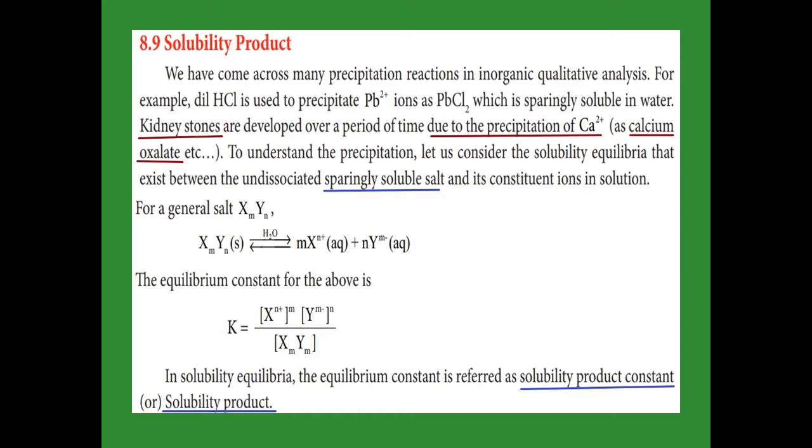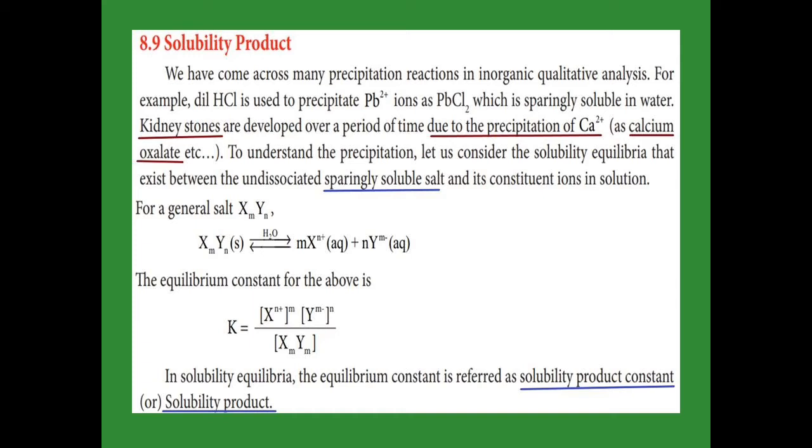And this solubility equilibrium exists for sparingly soluble salts. What is a sparingly soluble salt? Half of the salt is dissolved in water and half of the salt never dissolves, so we again get the salt only. The general form of that salt is written as XmYn. Half of the salt is soluble and gives ions, and half of the salt exists as salt only.